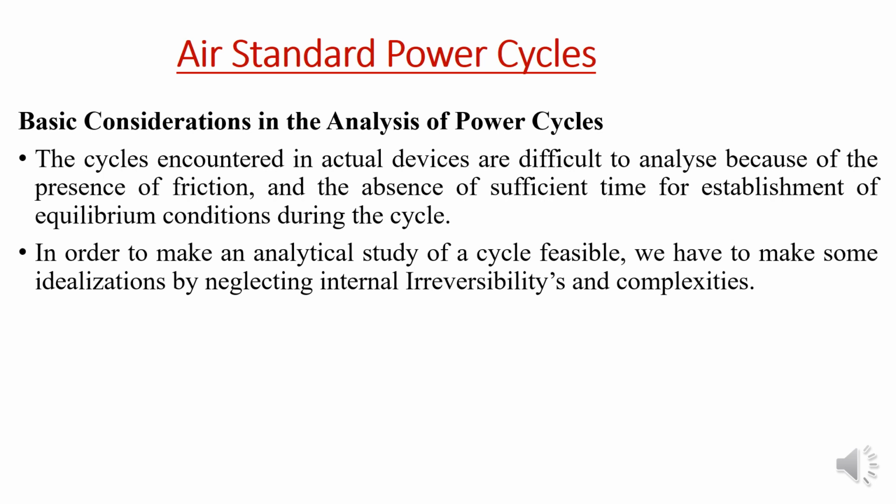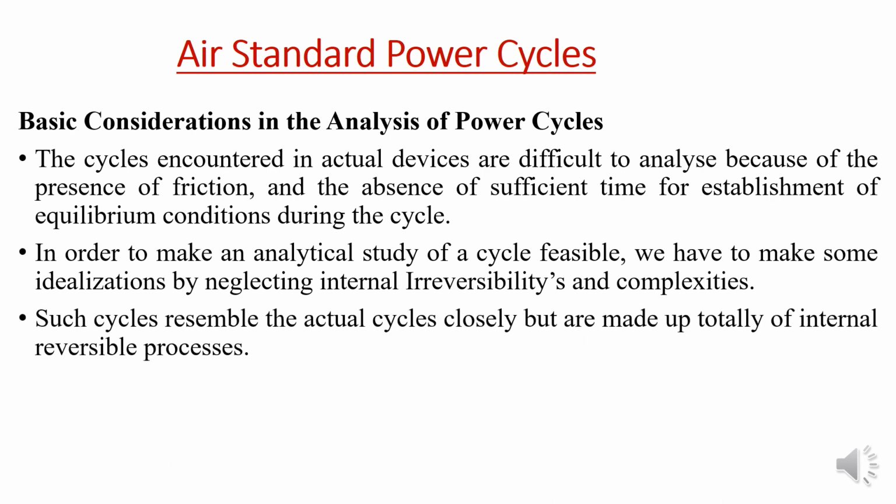Next, in order to make an analytical study of a feasible cycle, we have to make idealizations, that is, neglect the irreversibility and complexity. In the actual process there will be irreversibility, but theoretically we consider reversible processes.